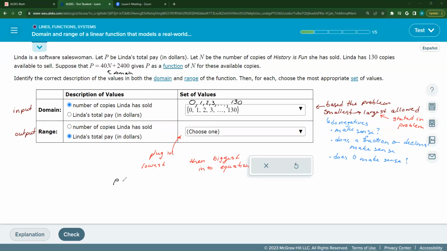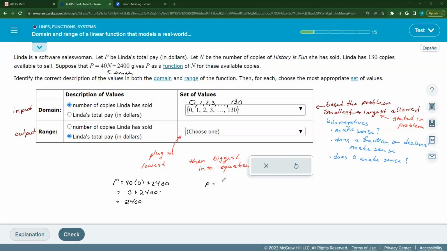So P equals 40 times 0 plus 2,400 equals 0 plus 2,400 equals 2,400. And now remember, I'm counting evenly up. So the range will also count up by numbers. And then I'm going to plug in 130.